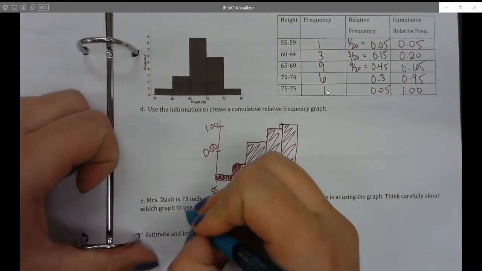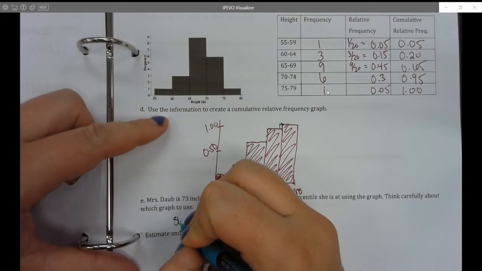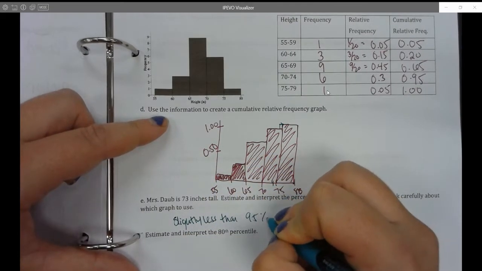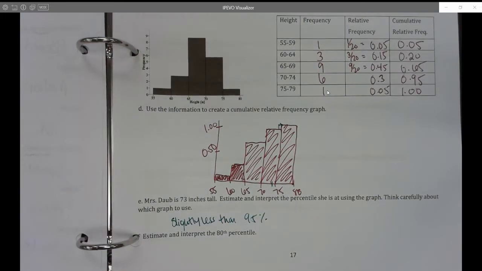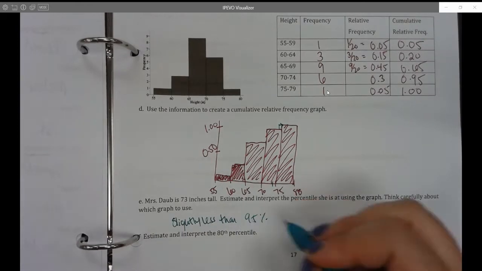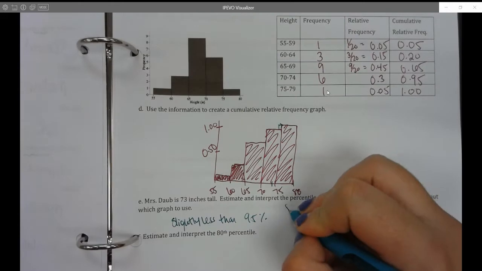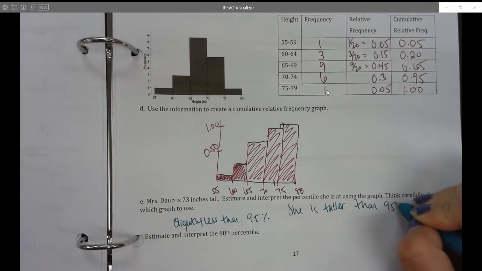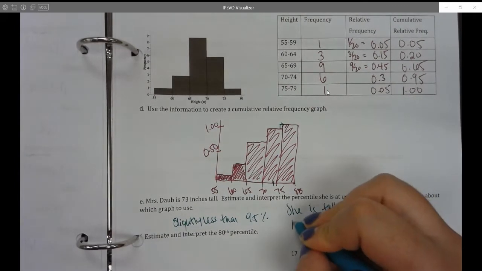So I'm going to estimate it's slightly less than 95%. Somewhere just under that. 73, I'm sorry, is very close to the 74 that we see here. Okay. So for the percentile, we definitely need to use a cumulative relative frequency graph so we can see the cumulative percents. And then that's the graph we want to use. The interpretation means that she is taller than 95% of AP Stats students.